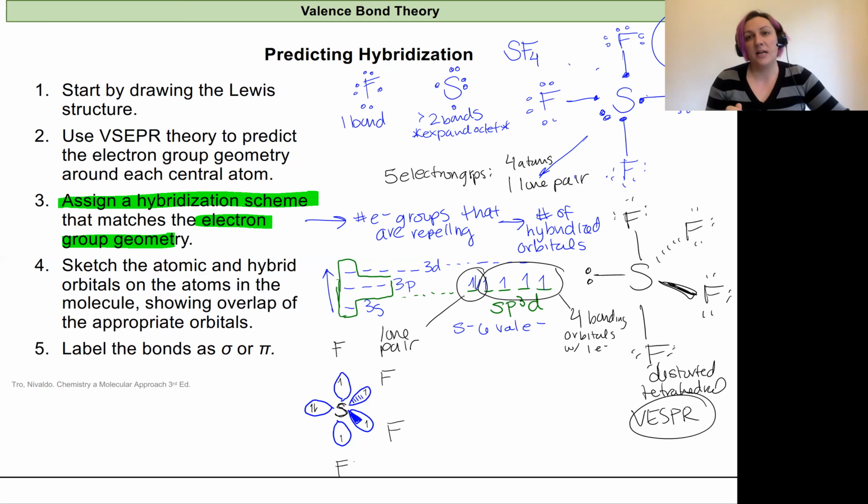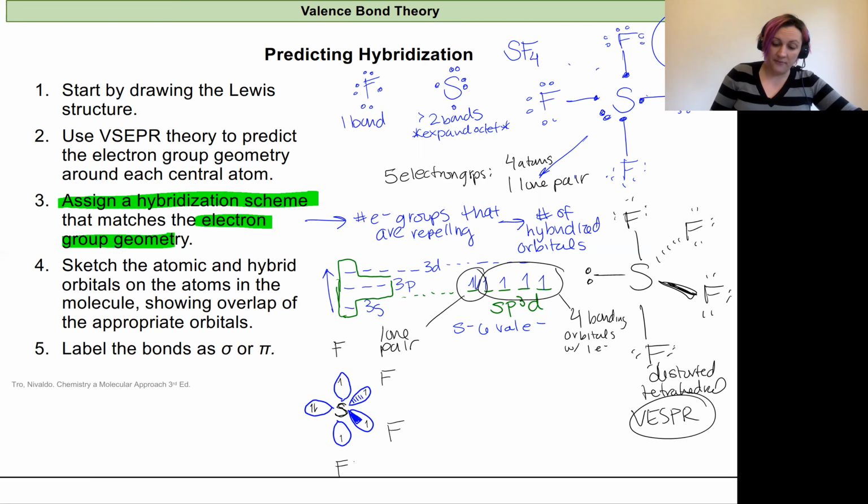Or is it going to hybridize it so that way the lone pairs are spaced as far away as possible from the bonding atom? And honestly, at this point, you'll get the same answer no matter which way you look at it. I think of these fluorines as hybridized. I think that is the preferred way, because then those electron lone pairs are going to be able to occupy hybridized orbitals that'll be spaced equally away from the bonding orbitals.